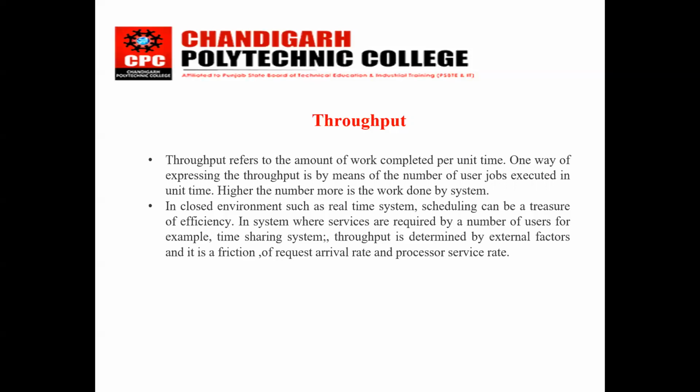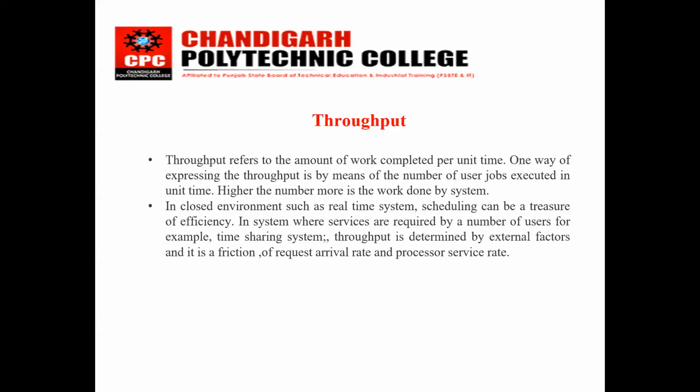One way of expressing throughput is by means of the number of user jobs executed in unit time. Unit time means we have to measure the performance with respect to a fixed time. The higher the number, the more work is done by the system.